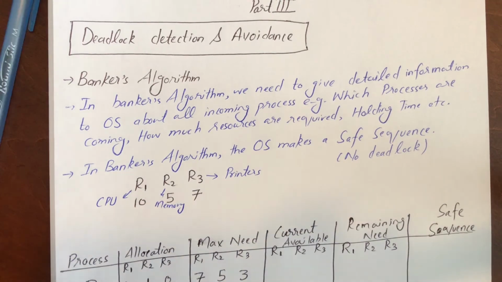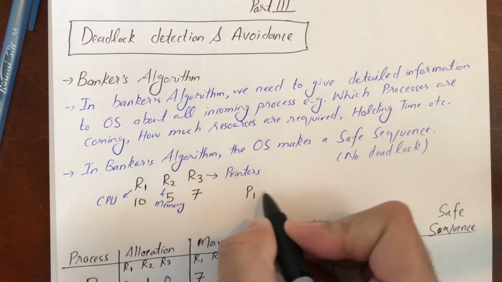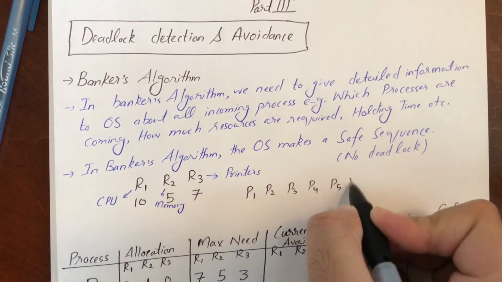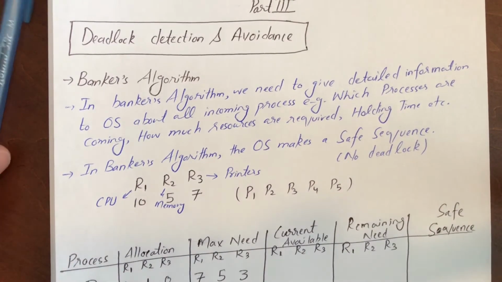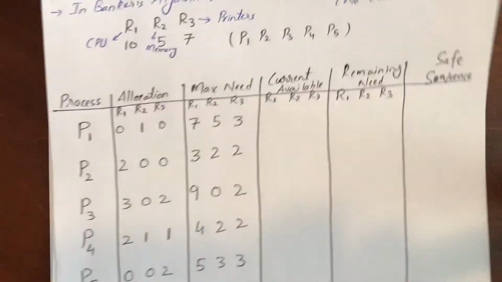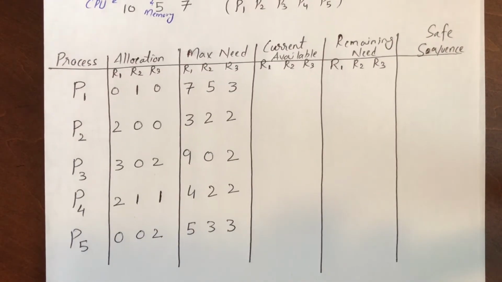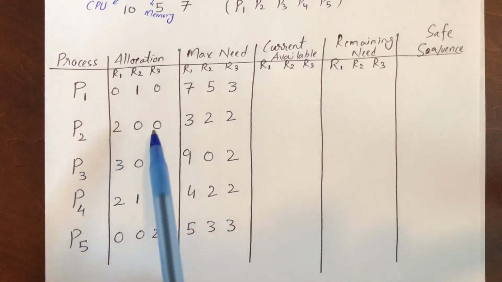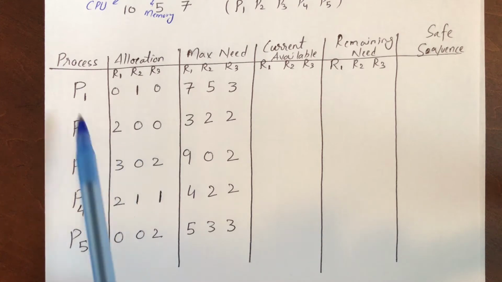And let's say I have 5 processes, P1, P2, P3, P4, and P5, which are going to use these resources. This is basically the allocation table. Let me explain the table, and then I'll design a safe sequence using it. I have listed the processes right here. Allocation means the resources currently allocated to these processes.